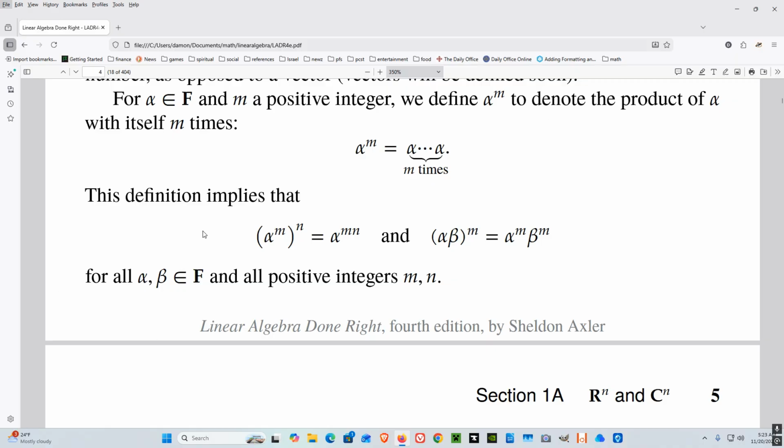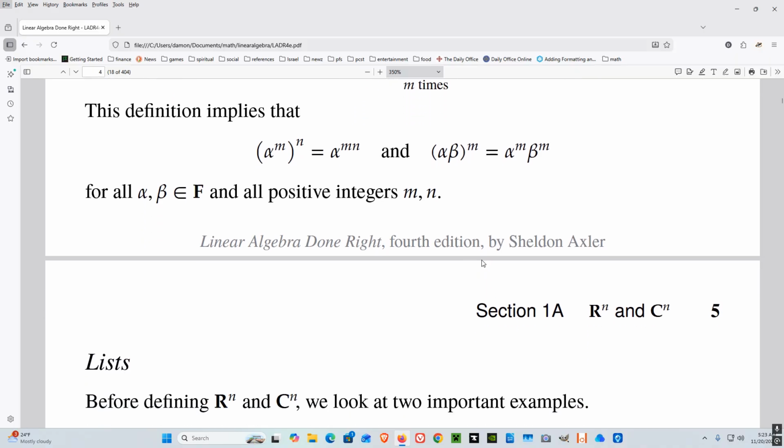This definition implies that alpha to the m to the nth power is alpha to the mn. And alpha times beta in parentheses to the mth power is alpha to the m times beta to the m. Those are what we do in real numbers as well. So it should be familiar to you.